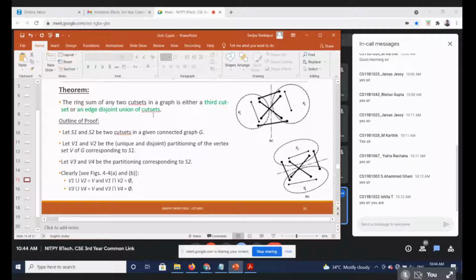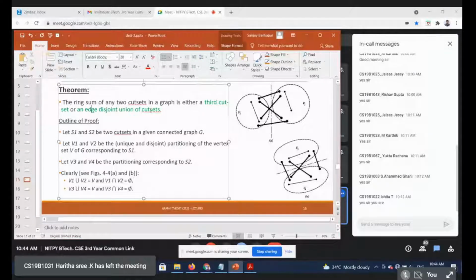As I said, if I keep doing such operations, can I get a different cut set? The theorem says the ring sum operation of any two cut sets in a given graph is either a third cut set or an edge disjoint union of cut sets.